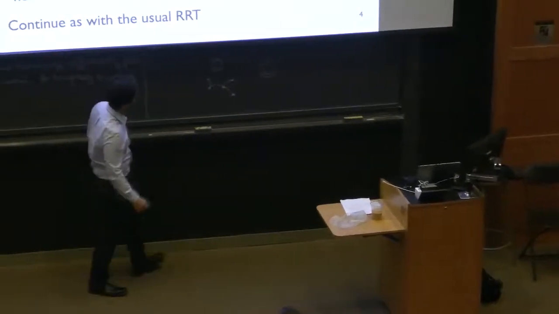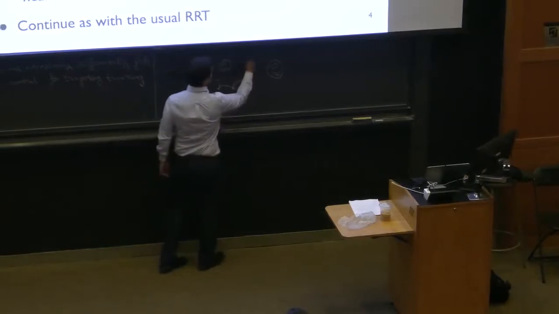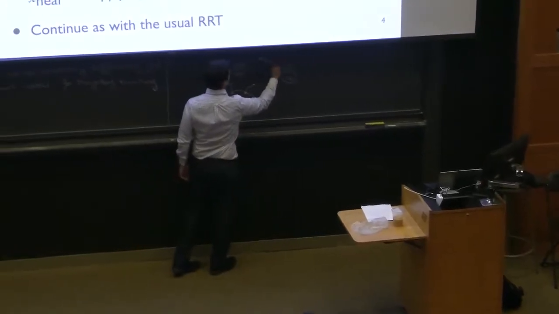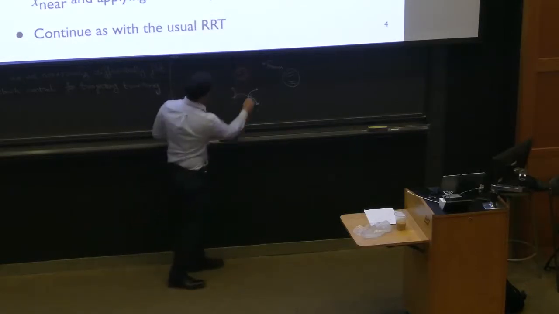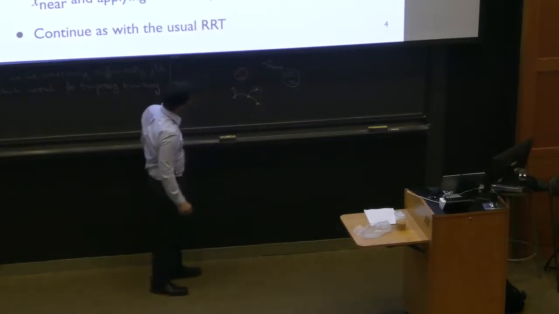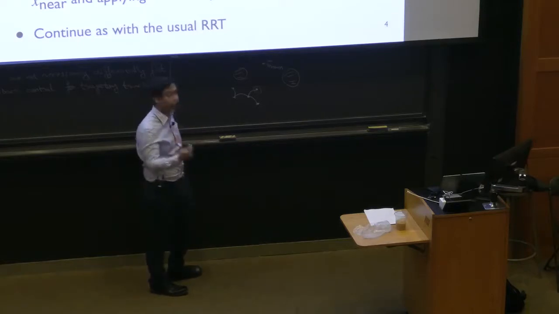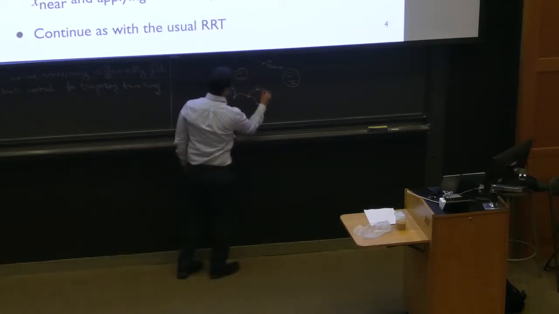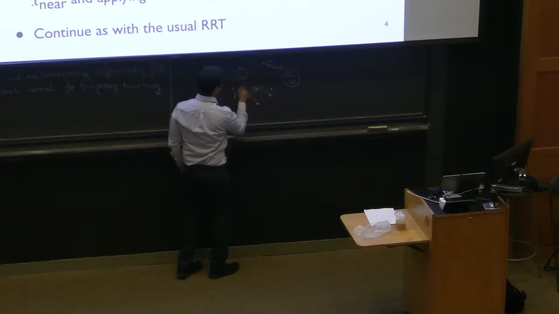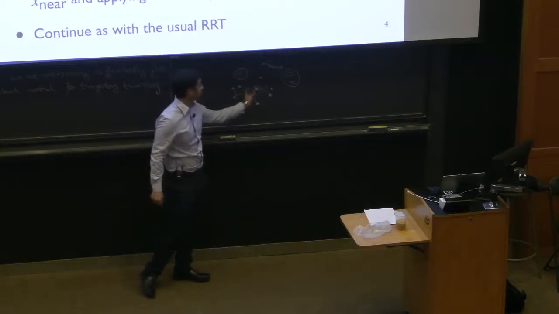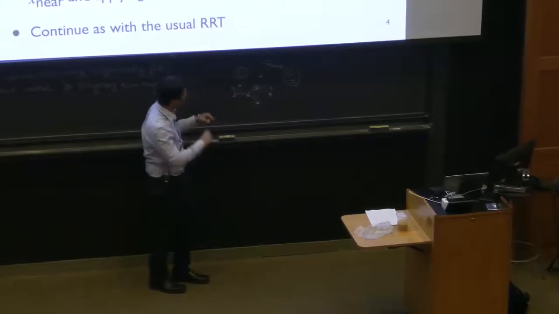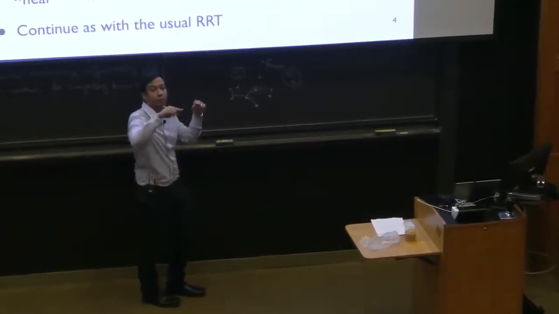So what we're doing is sampling some random state, XRAND. We're finding the closest point on the tree, which is this point, and then we're sampling some number of control inputs. So let's say this is one control input, this is another one, maybe this is another one. If you apply the control inputs for some small amount of time, delta t, then your state is going to evolve in a particular way.